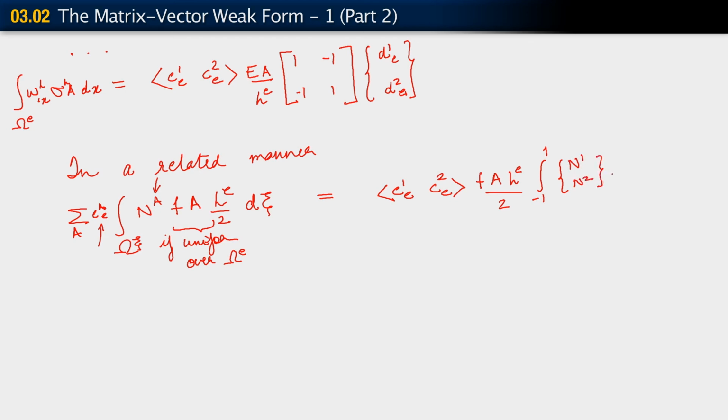Okay, that dc. So that's the integral that we need to compute. And now this is easy enough because we know that N1 is 1 minus c over 2, and N2 is 1 plus c over 2. Okay, so those are the very simple functions that we need to integrate over the limits -1 and 1.